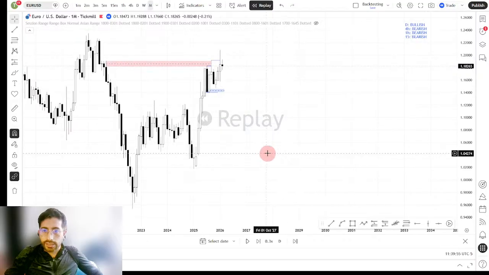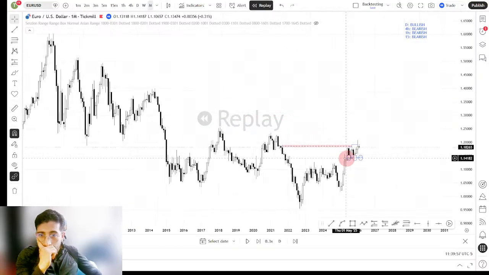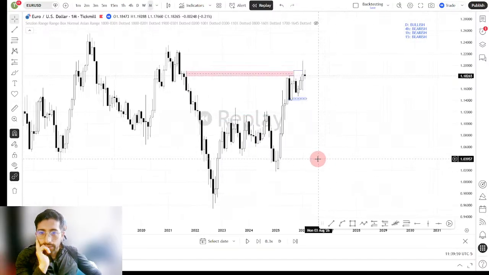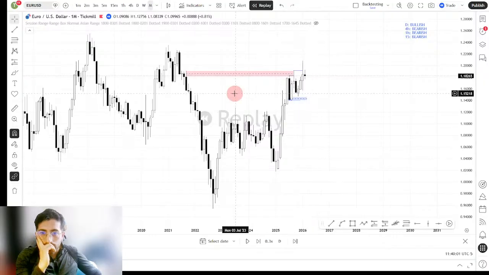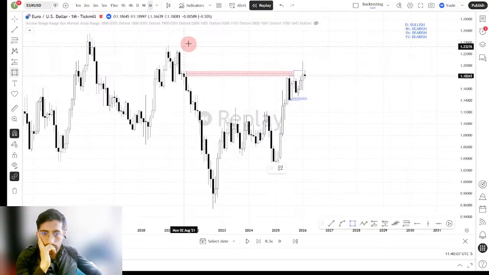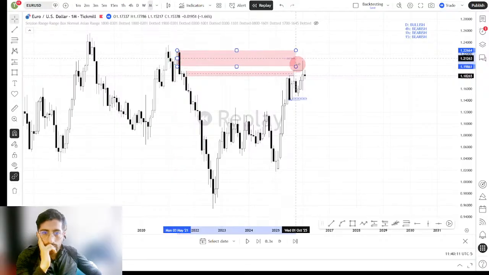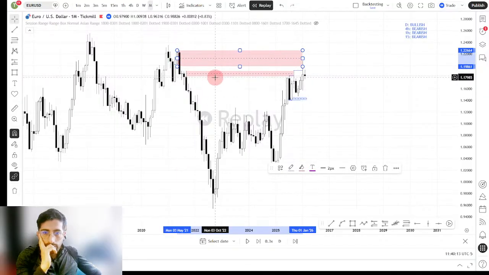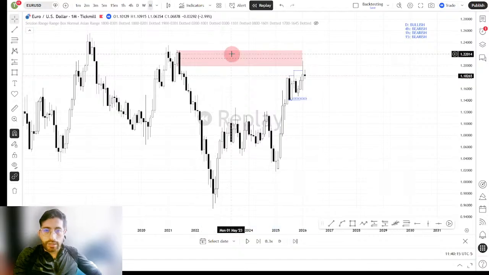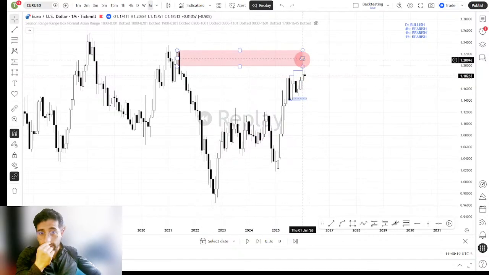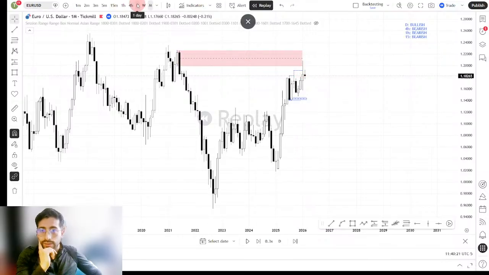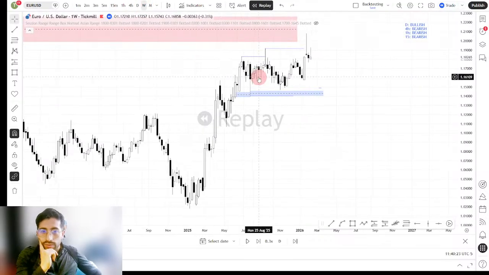So as we can see right here, in a weekly time frame we're bearish in the euro, and the price is actually reacting on this order block, which is here. Boom, this is the weekly order block. That's why the price, when it gets to this point, is having this reaction. Oh, that was monthly, sorry.